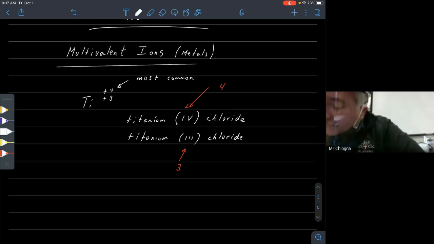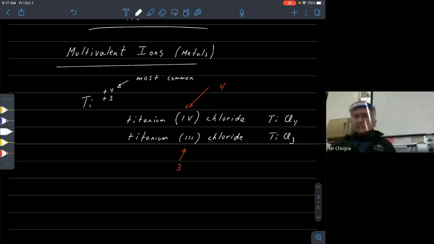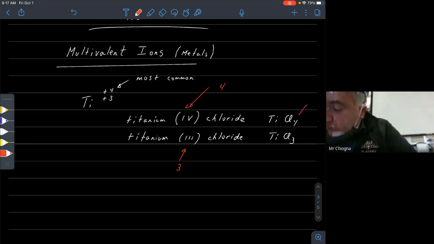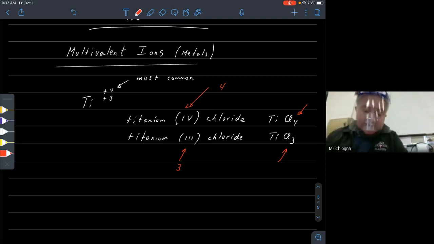So the formula for this is TiCl4. Formula for this is TiCl3. Different compounds because of different formulas. Different ratio of ions. You need 4 chloride here. You need 3 chloride here for every 1 titanium.